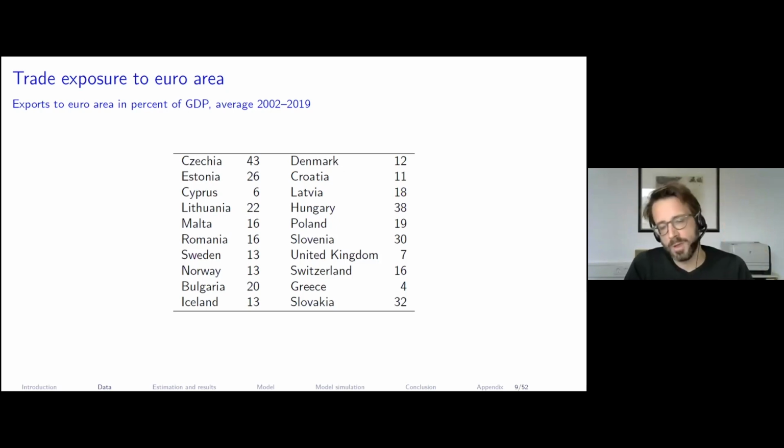This is just goods trade. You see UK is only 7%, but Czech Republic is say 43%, Hungary 38% of GDP. So there's a sizable exposure. You could think that if the euro area goes down, this potentially impacts these neighbor countries severely, and then it's a question of whether the exchange rate regime provides some insulation or not.